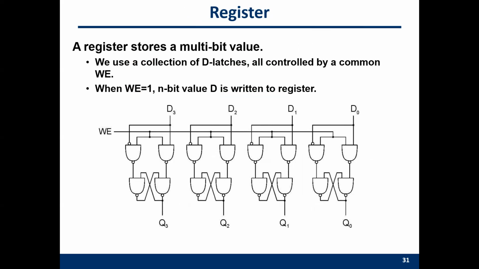So with the gated D latch, we can store 1 bit, which is the same as D, the input. If we have multiple gated D latches, we can create a multiple-bit register.